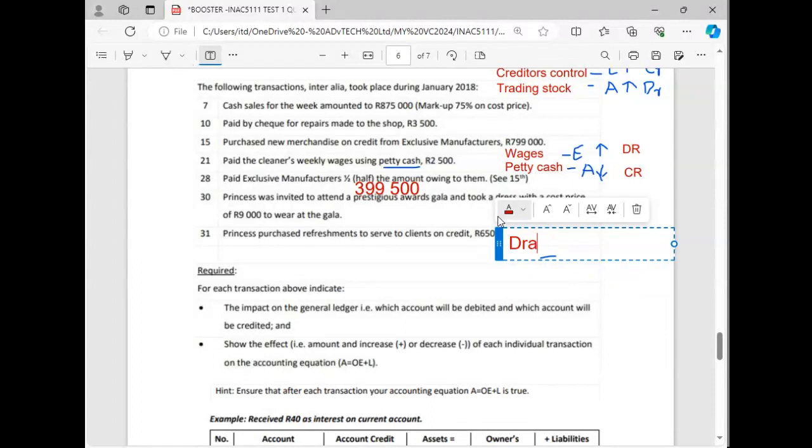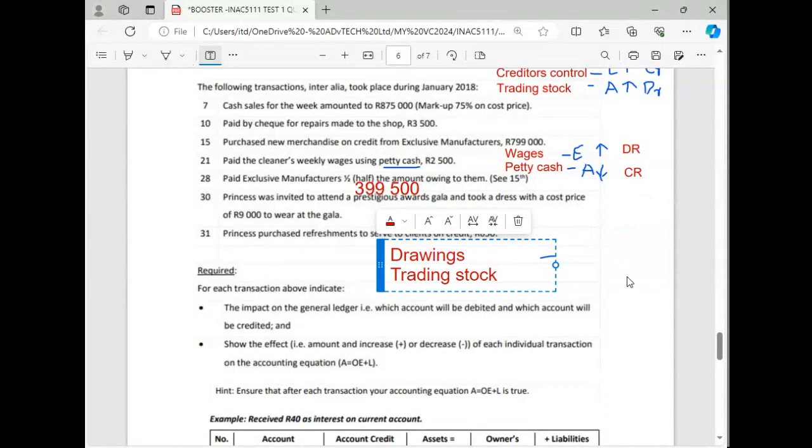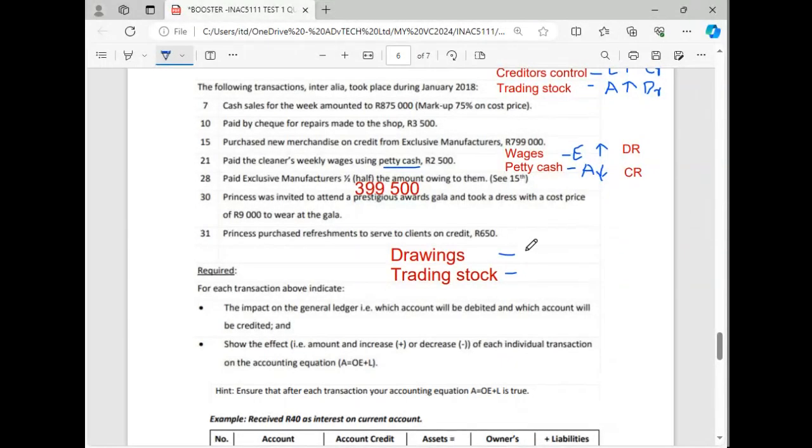See, they try to catch you there with that cost price. That also gives you its own information. Drawings will be debit, trading stock will be credit.